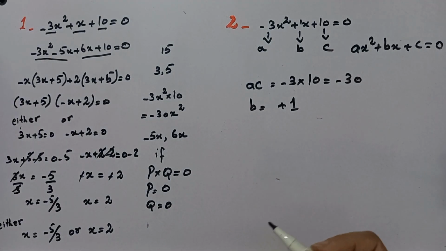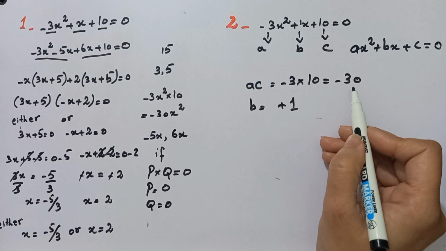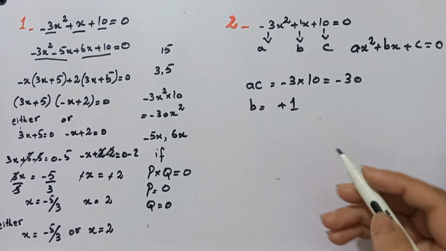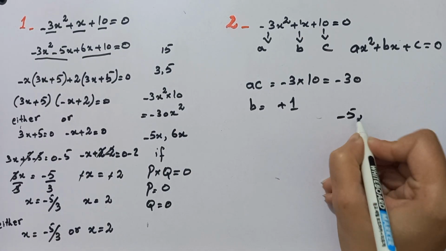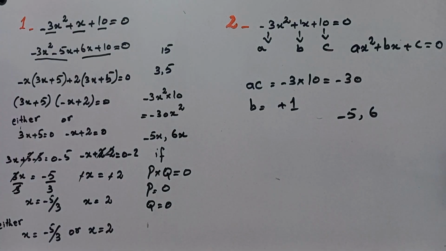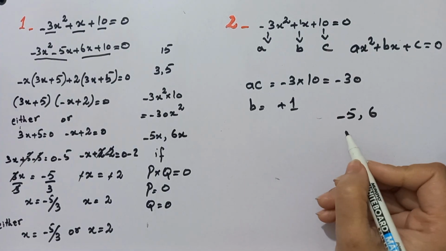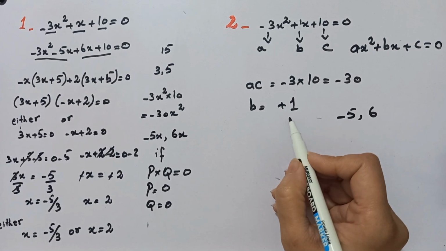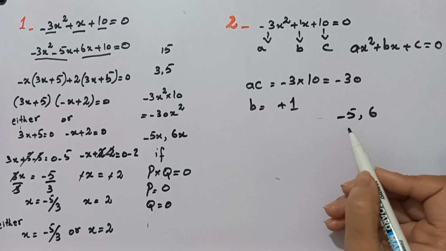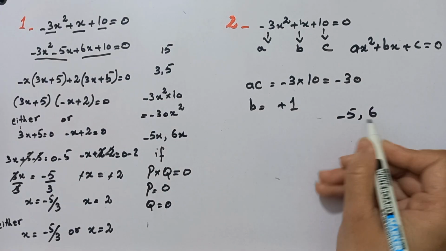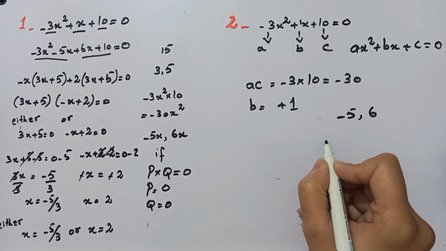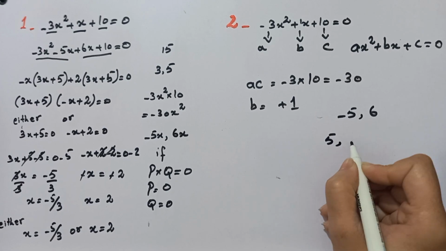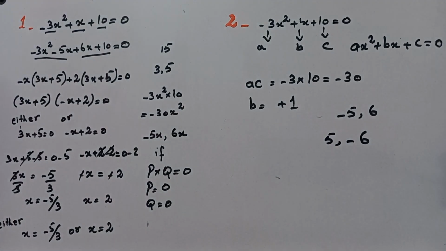Okay, now we find those factors of minus 30 which when simplified give us plus 1. So minus 5 and plus 6 are the two factors of minus 30, because minus 5 plus 6 is plus 1. So in the next step, we simply flip the signs of these two factors. Minus 5 becomes plus 5 and plus 6 becomes minus 6.